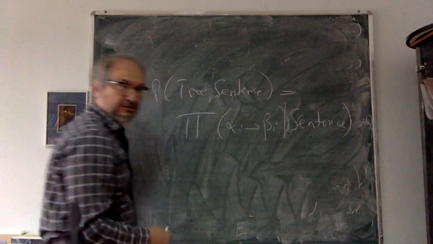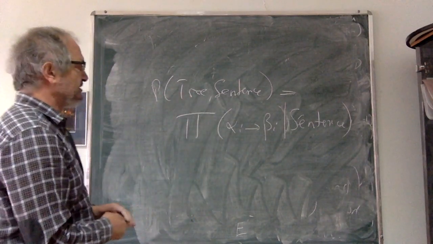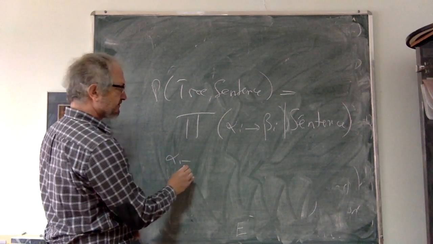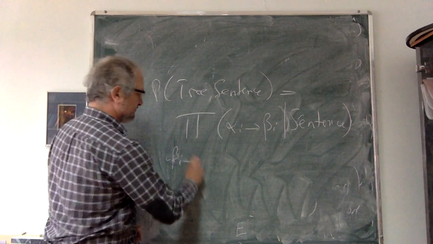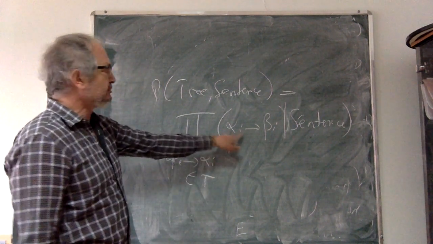So this is the conditional. Given the sentence, what is the probability of this tree? And I do this for all the rules that I use in the tree.